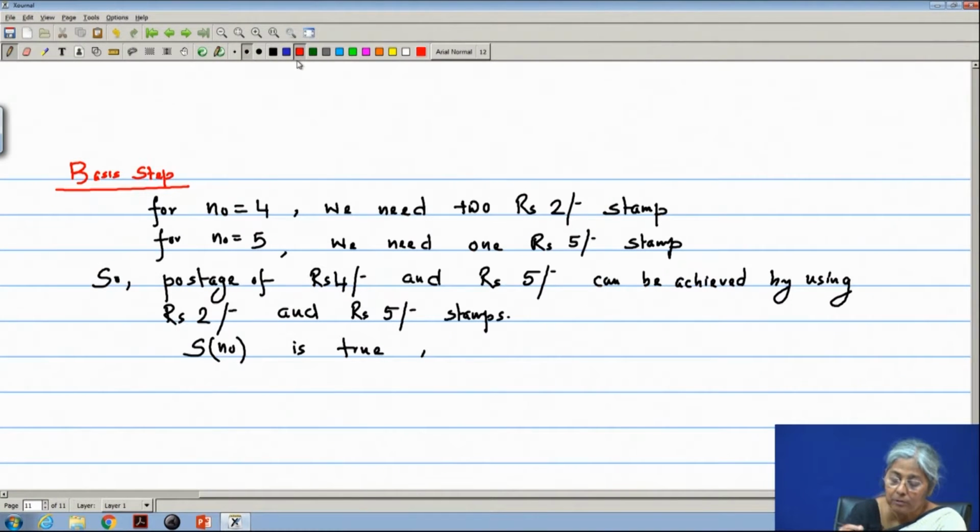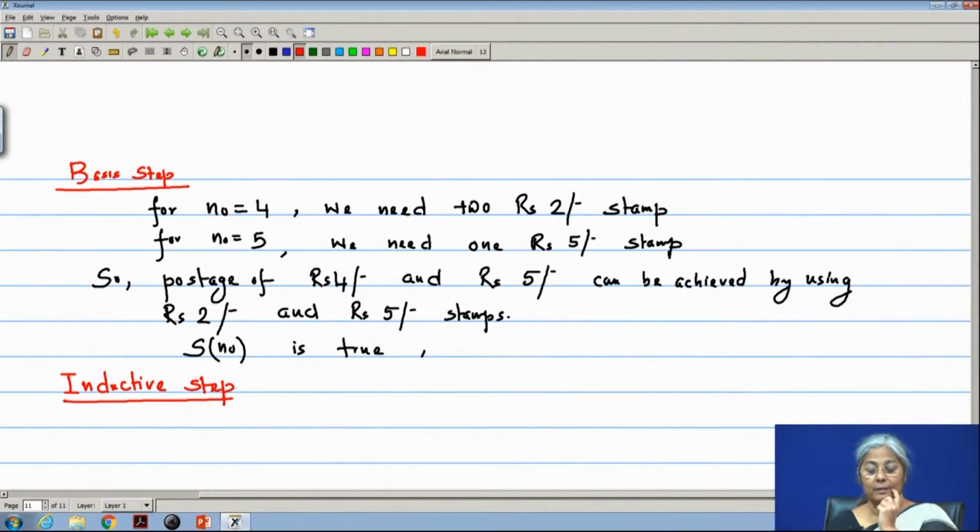Now, what about our inductive step? Already we have seen that in the strong form of induction, all preceding statements are true.